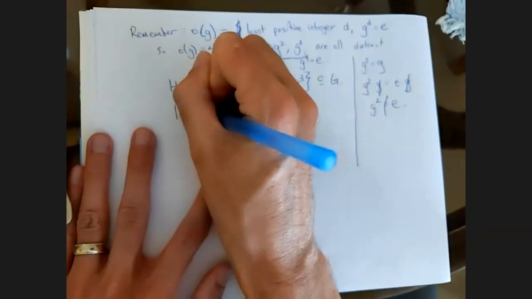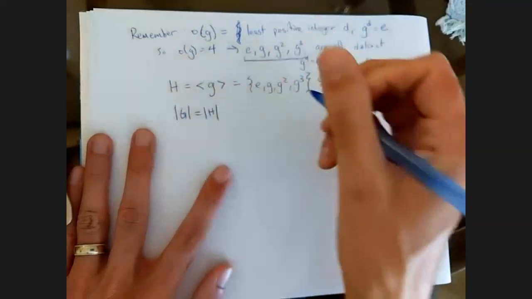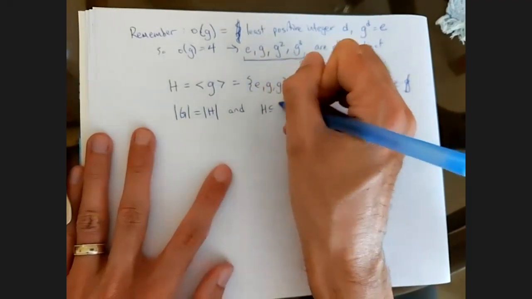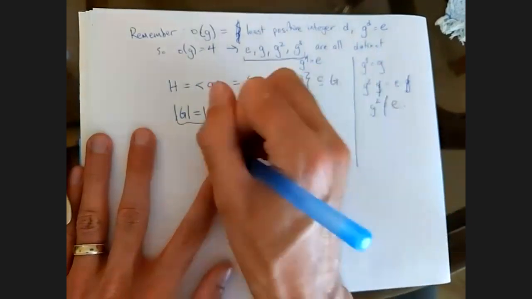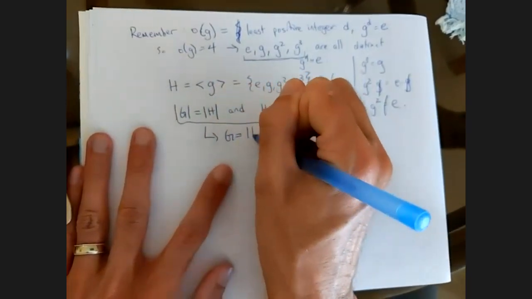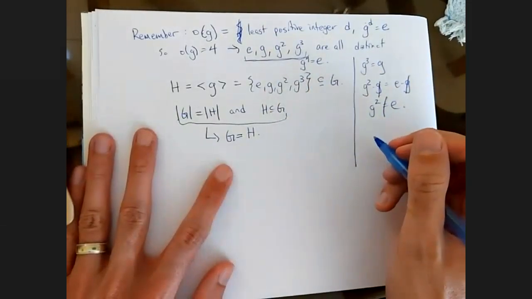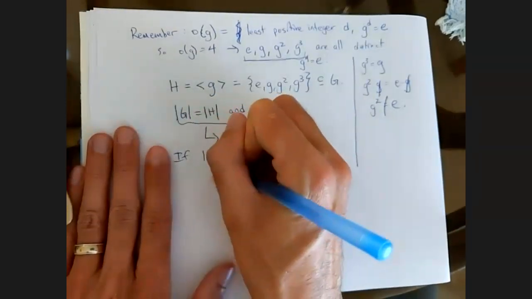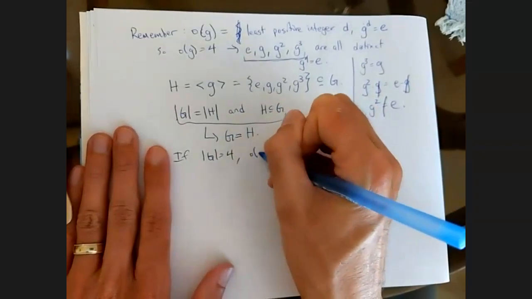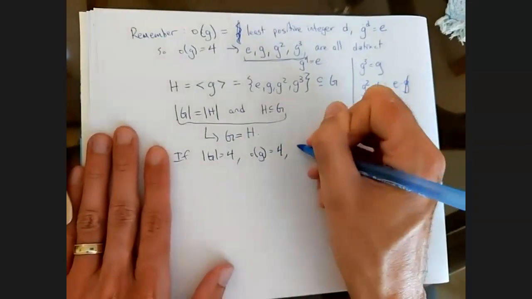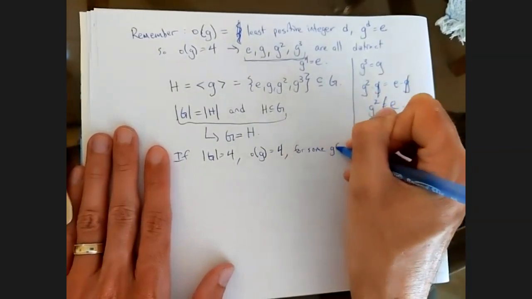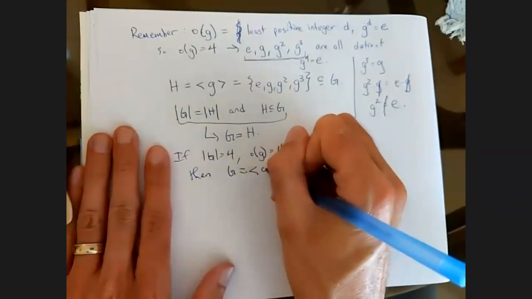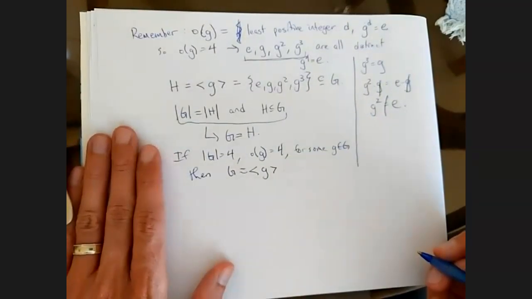Since the number of elements of G equals the number of elements of H, and H is a subset of G, those two things together tell us that G actually equals H. So if the order of G is 4 and the order of little g is 4 for some g, then G is a cyclic group generated by that element.